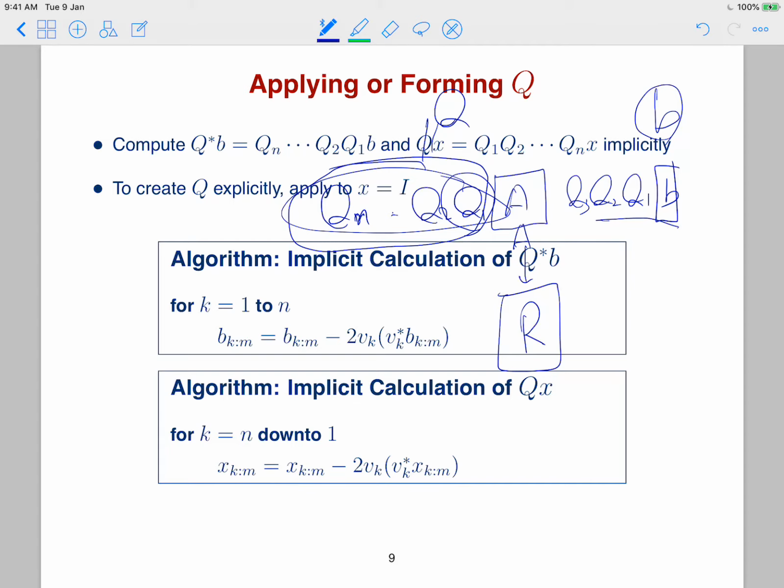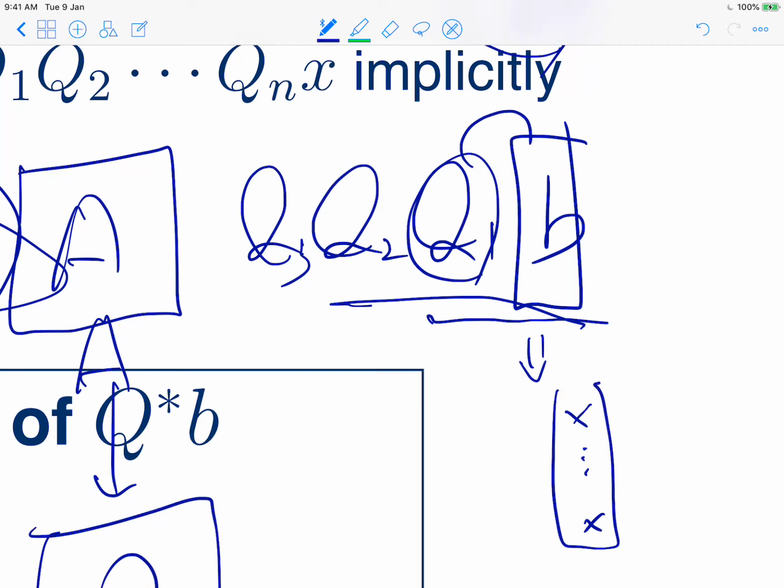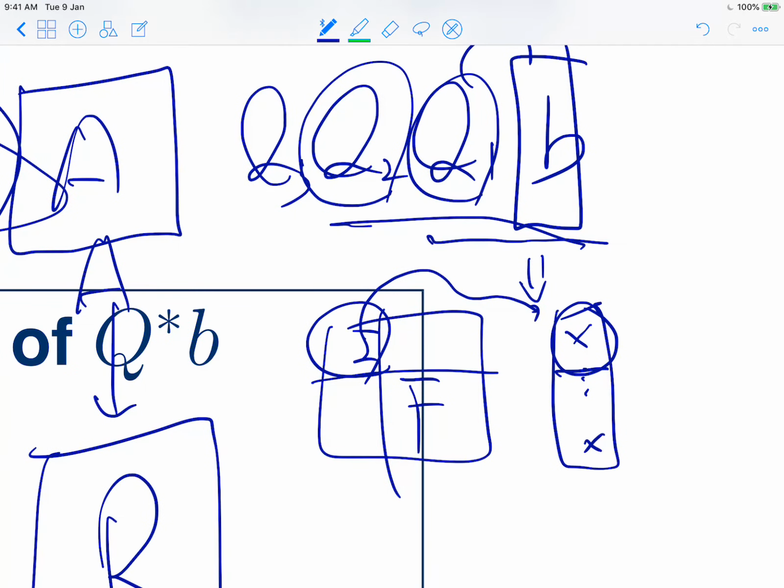So in this case, Q1 is just the entire F, and so we compute the multiplication with B, and then in general, this will have a fully non-zero vector, right? And then this Q2 is now the embedded one, like this, right? And so we know that when multiplying I with the upper part, it will not change. So we just need to multiply this F with this part, and so we update that lower part.